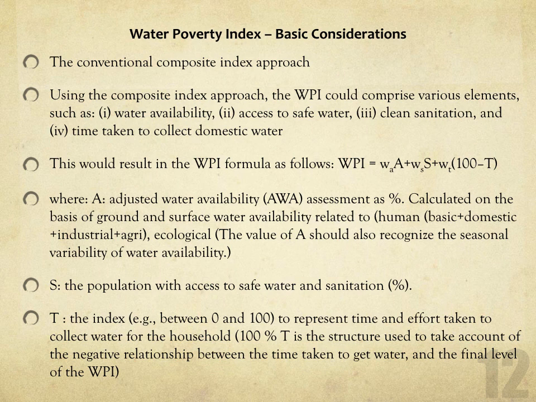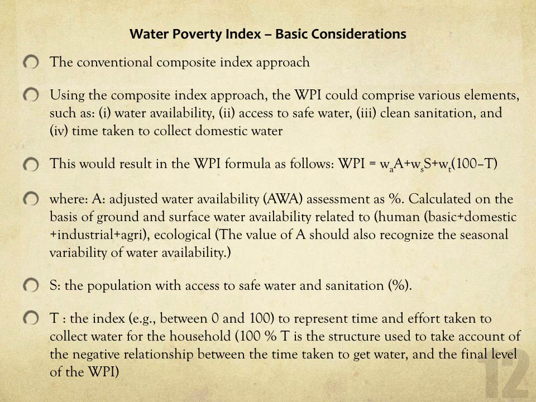Coming back to the slide and the water poverty index formula, if one considers these four elements of water availability, access to safe water, clean sanitation, and time taken to collect domestic water, this would result in a formula like WPI equals WA plus WAS, each of which is explained below, plus WT, that is time, in bracket 100 minus T, in which the capital A is the adjusted water availability.